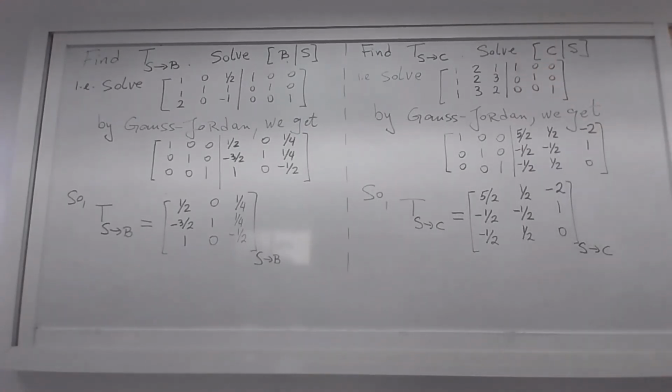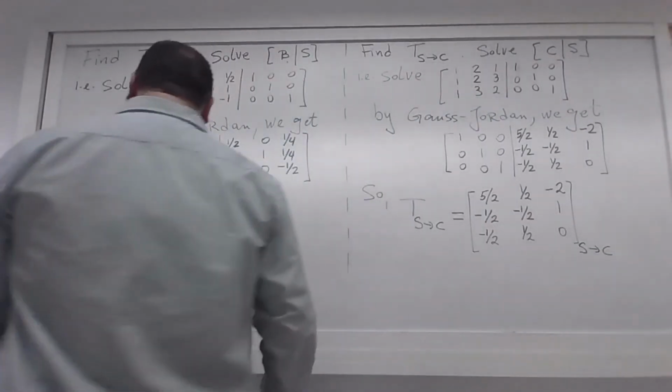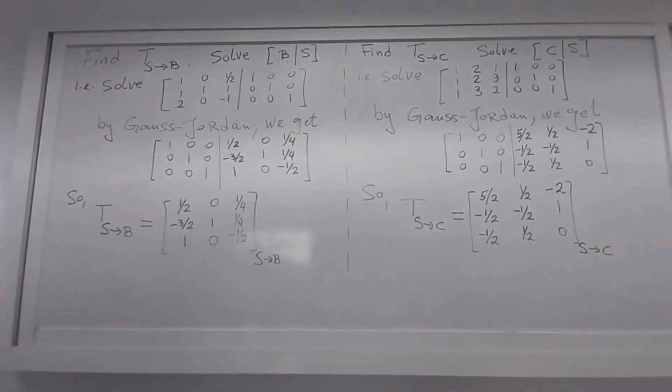Again, Gauss-Jordan, and after some computation I get identity slash something. This something is the transition matrix from the basis S to basis C. Again, this reminds us of computation of the inverse of this matrix here. So now we have those transition matrices.